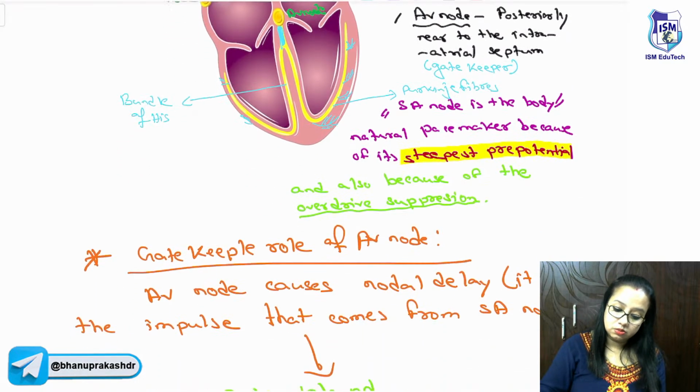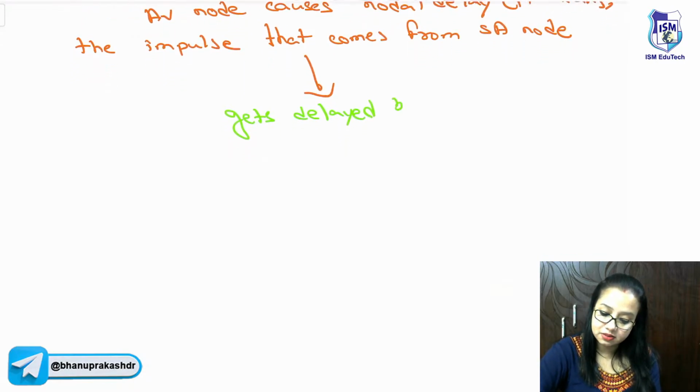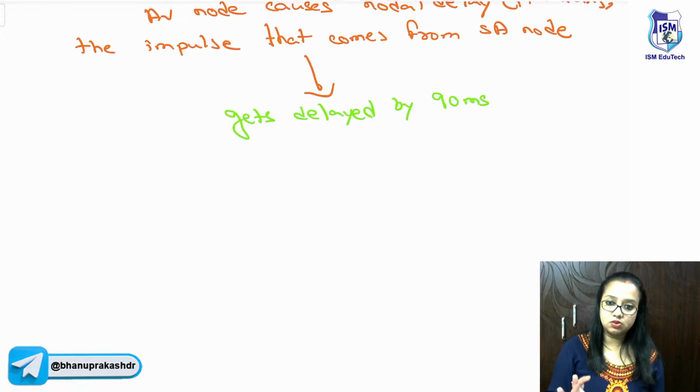So here the impulse gets delayed by 90 milliseconds. Roughly like 1 second. It's less than 1 second, but roughly. It's about 90 milliseconds the AV node is keeping the impulse within itself.